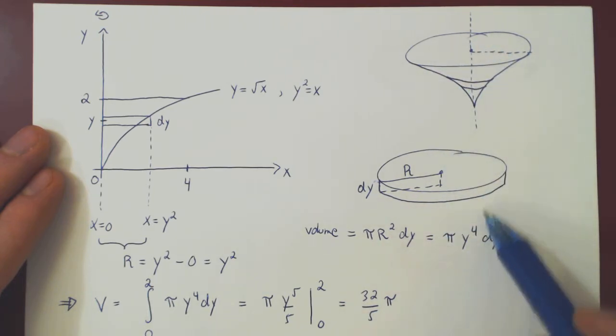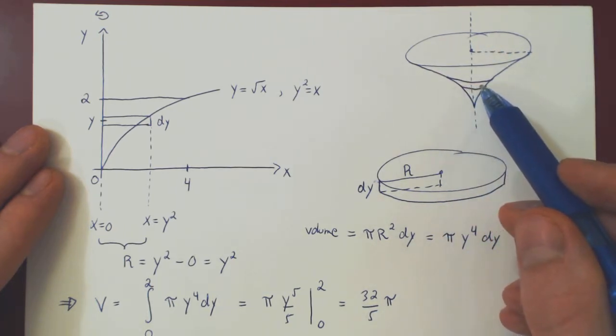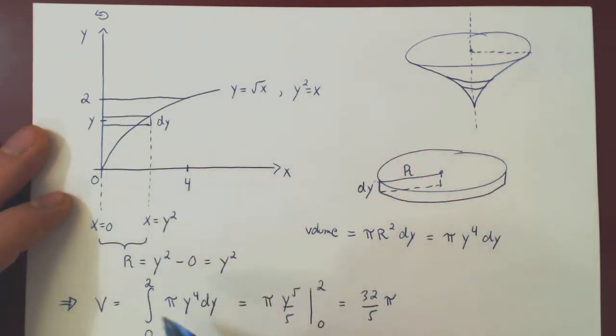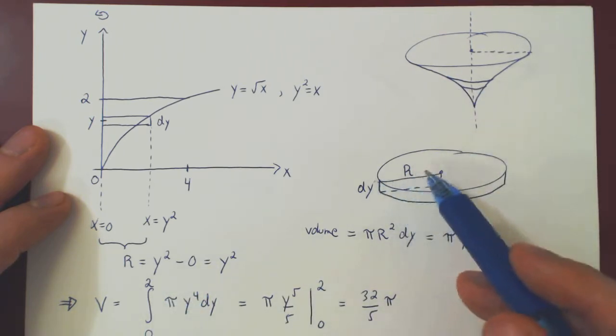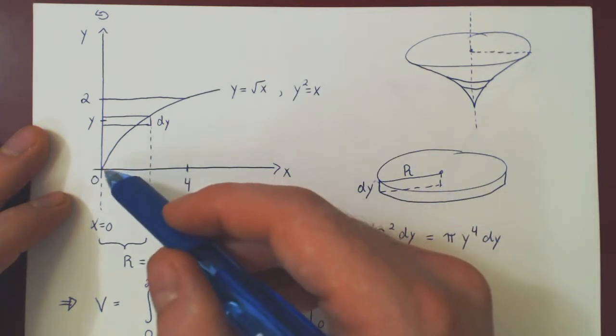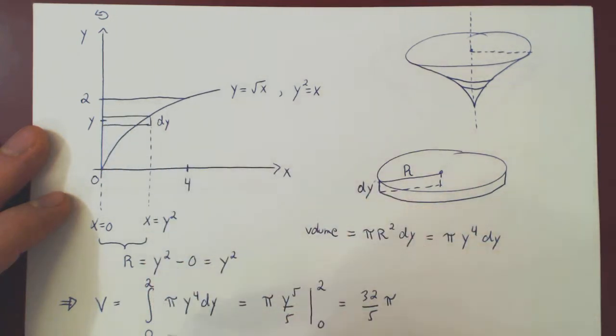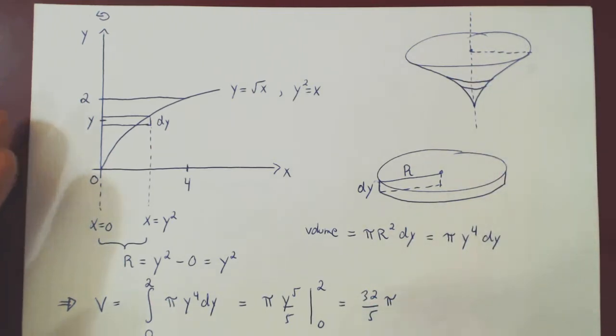We found the volume of any given little cross section positioned along the y-axis, pi y to the 4 dy, and by summing the volume of every little disk as y ranges from 0 to 2, we obtain the total volume of our solid of 32 over 5 pi units cubed.